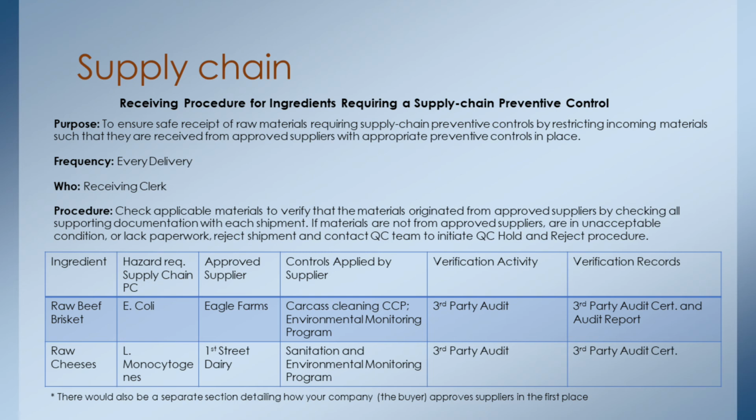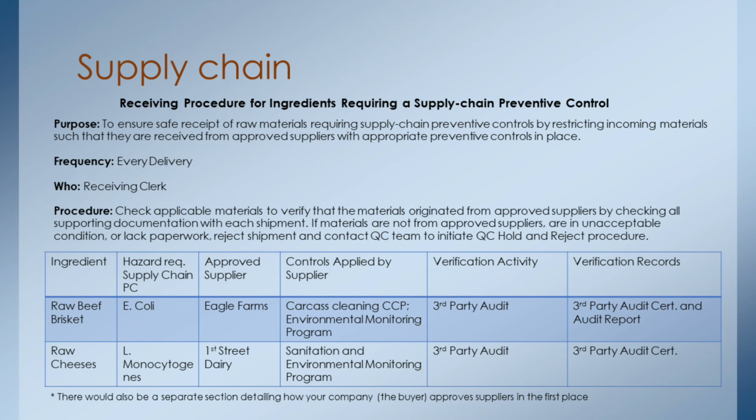This is why things like GFSI and GMP certs are so important. This company might ask for, in this case, First Street Dairy's HACCP plan or a snippet of it showing that they have a specific step for making sure of this, or maybe some sort of description of the program for sanitation and environmental monitoring, or maybe they apply a sanitation preventive control. They need some sort of proof of that.